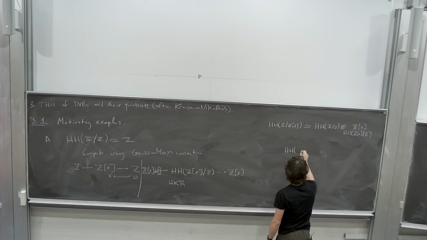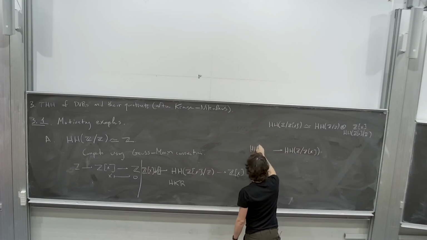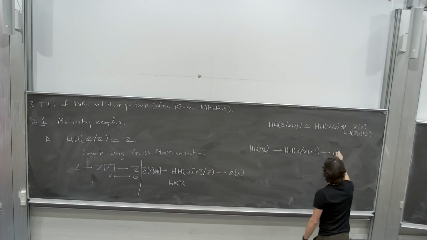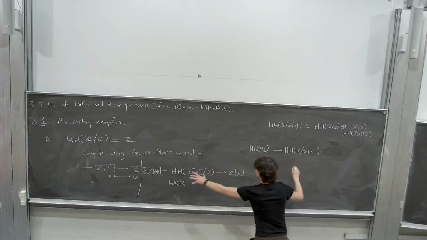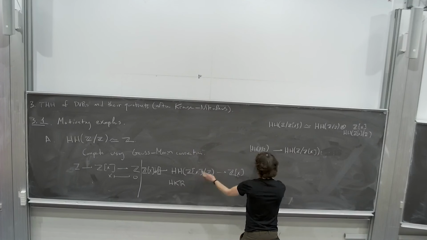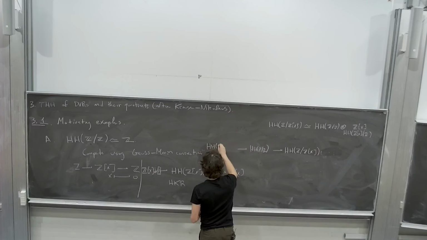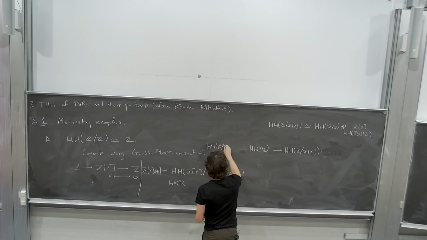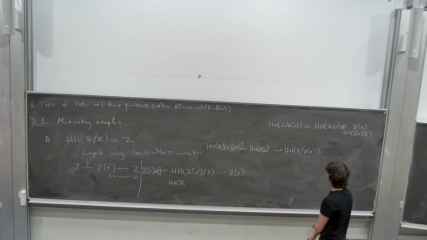Hochschild homology of Z over Z[X], Hochschild homology of Z over Z, and, maybe tensoring with this fiber sequence. So this is the middle term, this is the right term, and here I have Hochschild homology of Z over Z[X], but now I'm just going to write a symbolic term dX, and then a shift by 1.